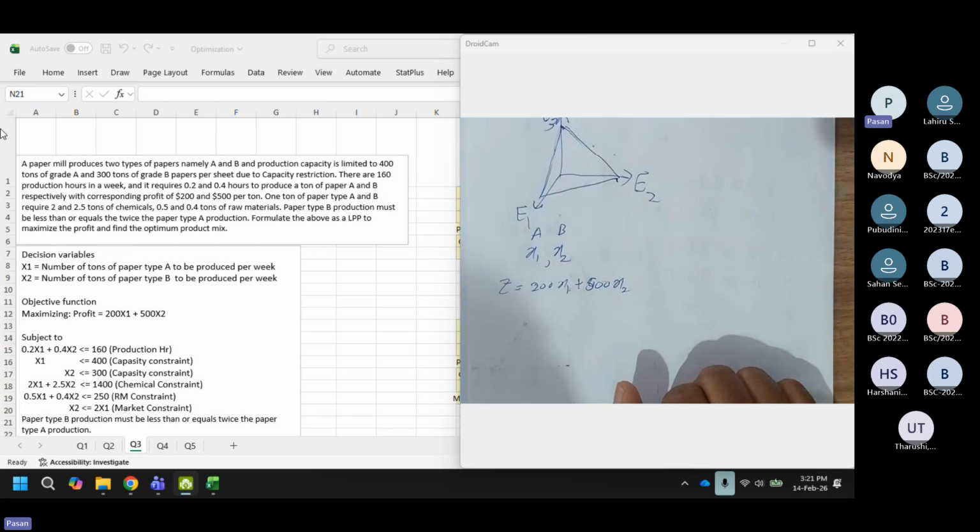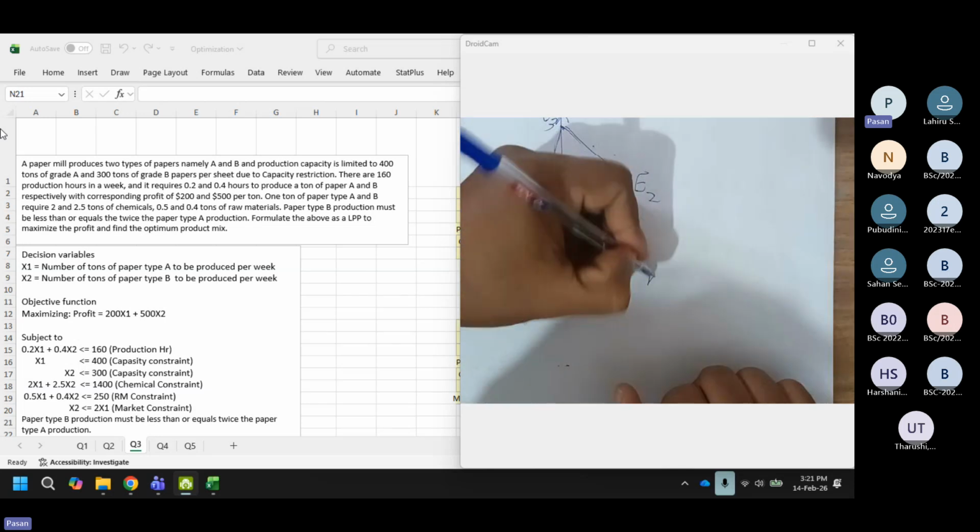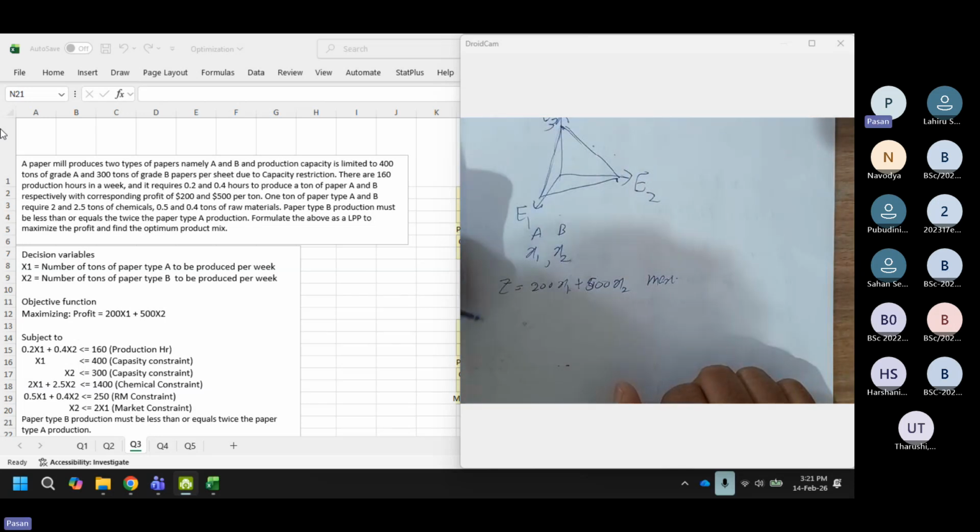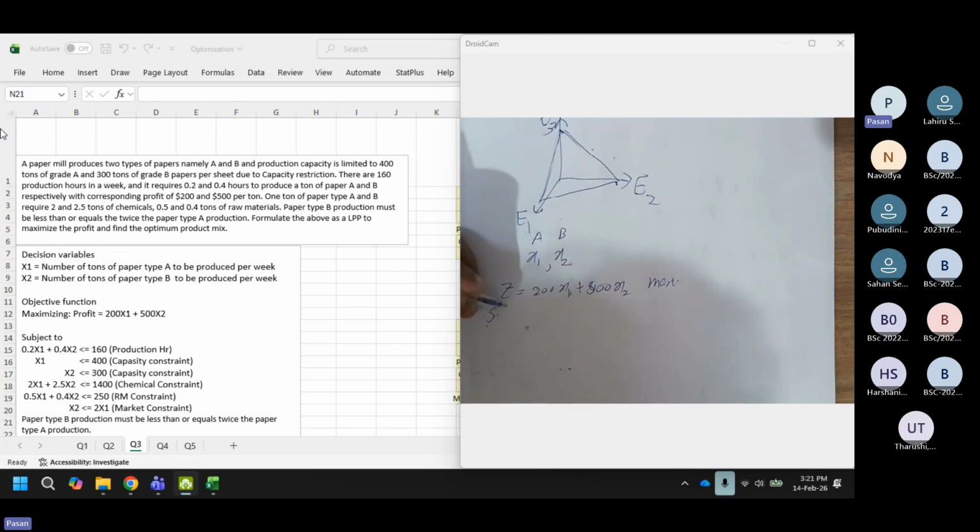So that's my objective function, and I'm doing maximization, and then I have my constraints. So we use that as subject to the constraints.